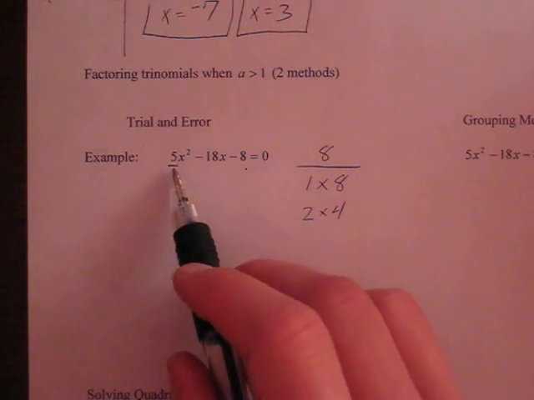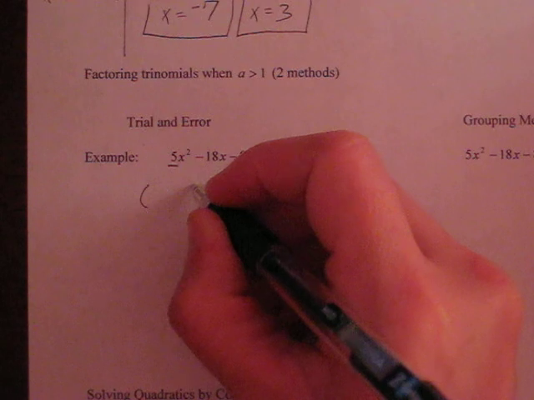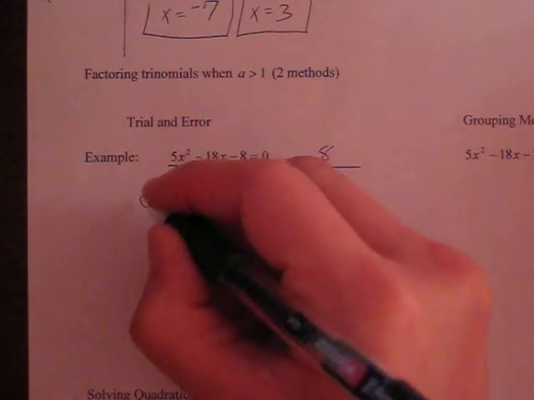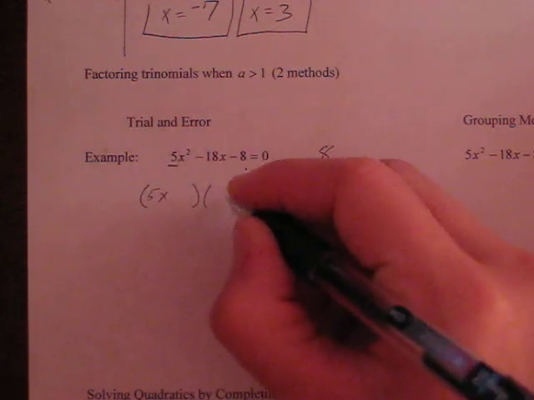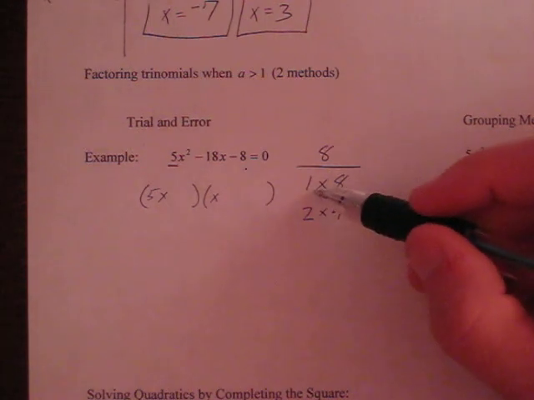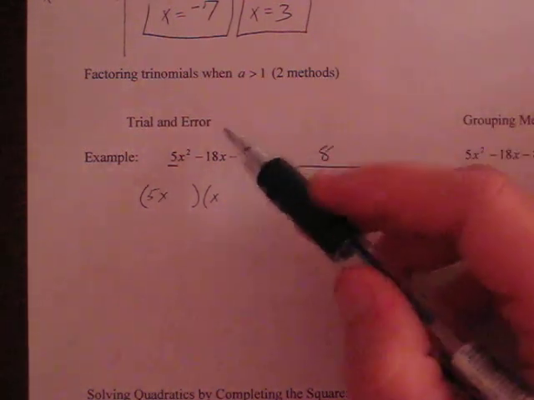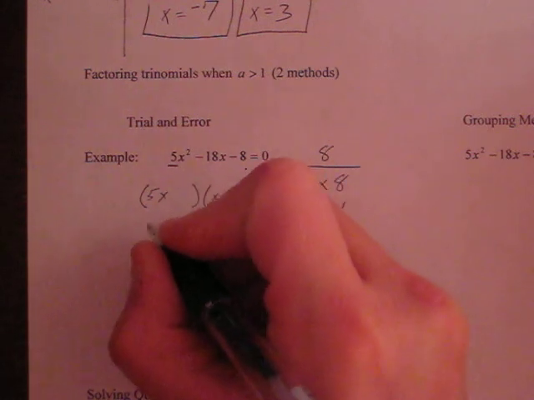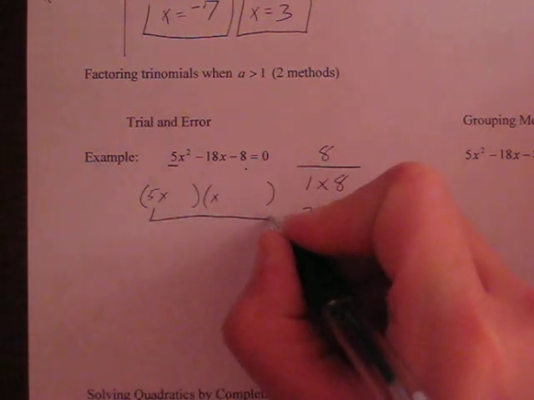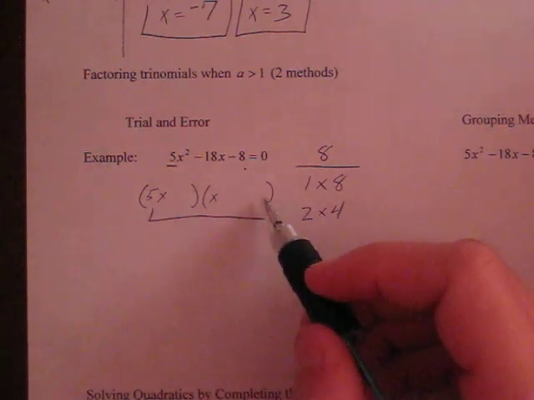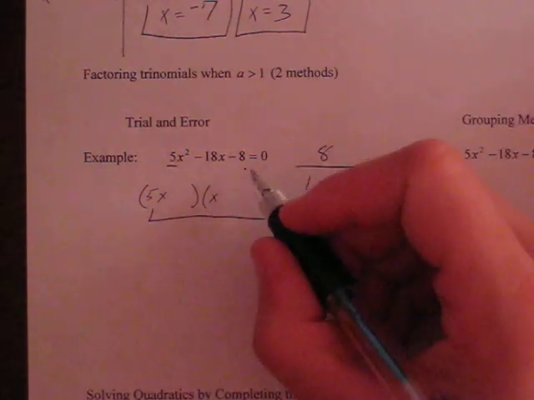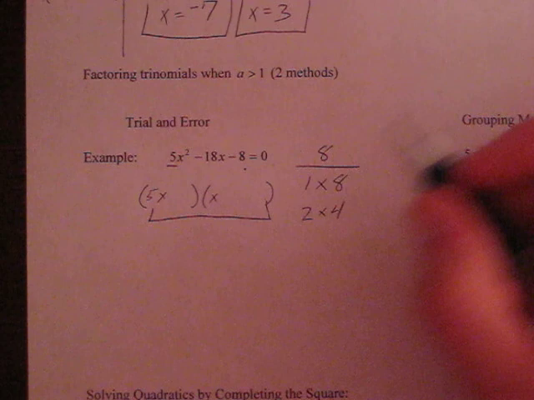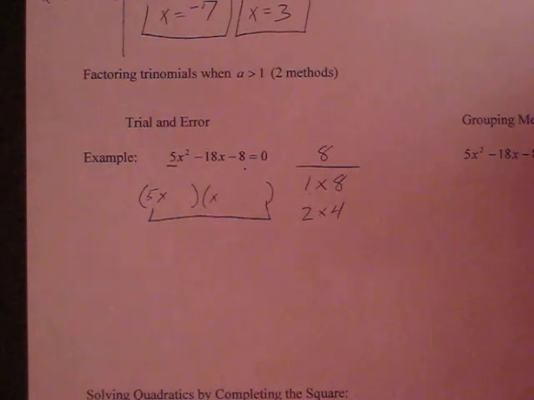But since we have this 5x squared here, one of the factors, or a combination of factors, is going to have to multiply to give me this 18. So if I say 5x times x, that gives me 5x squared. And since 5 is prime, 5x times something is going to somehow combine to give me 18. So I have to figure out the combination pair that makes this work.